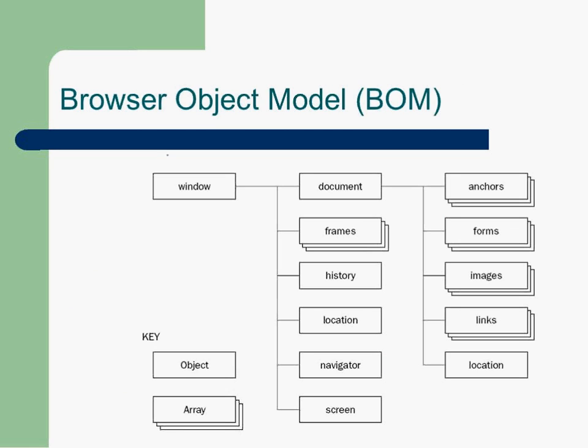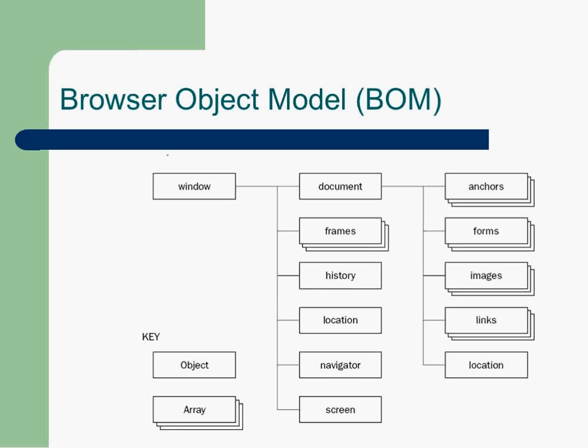So window is the default object inside your browser for JavaScript, which further contains document, and document further contains all the anchors, forms, and images. These are all objects which you can interact with using JavaScript. If you say document.location and give some value, the browser will change the location of your page, redirecting to the next page.